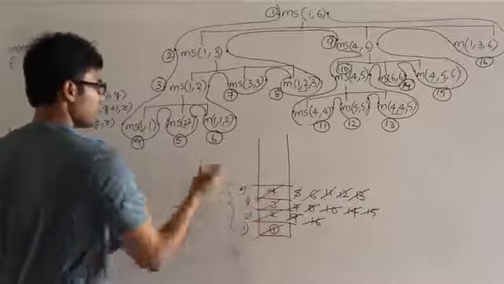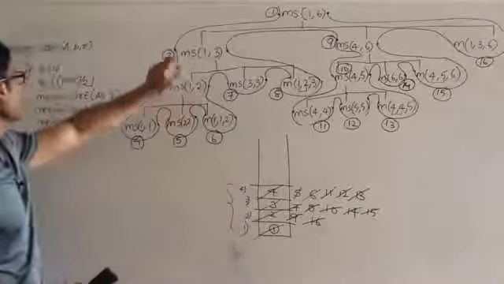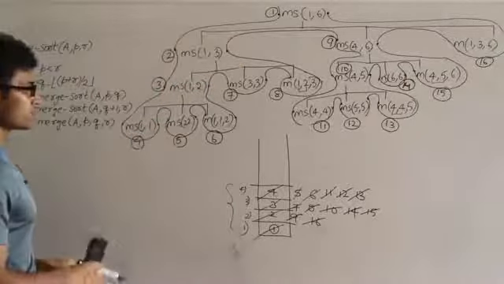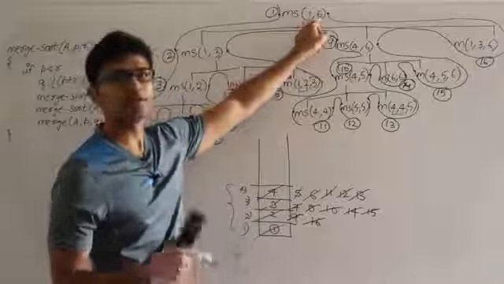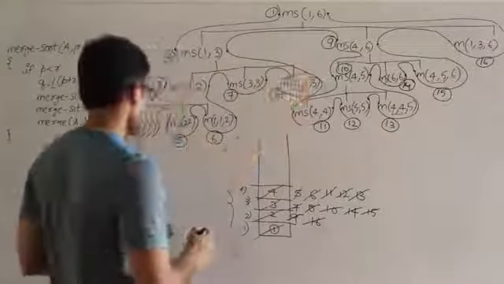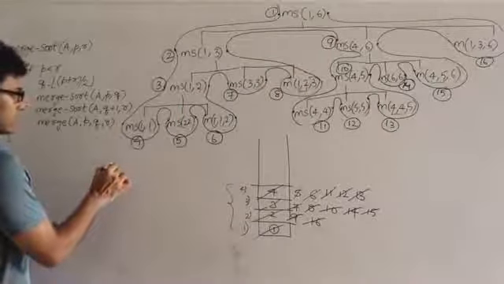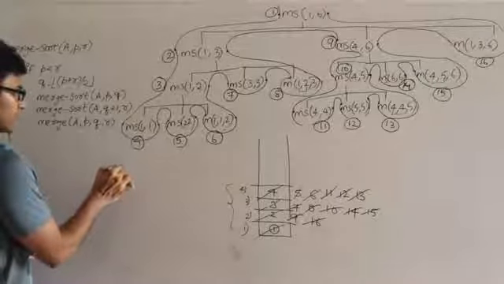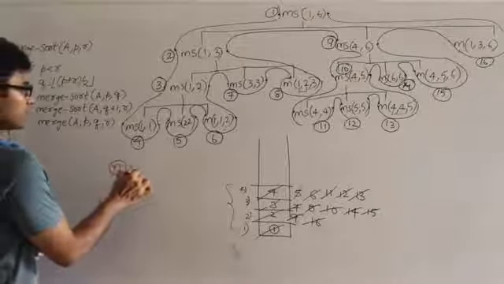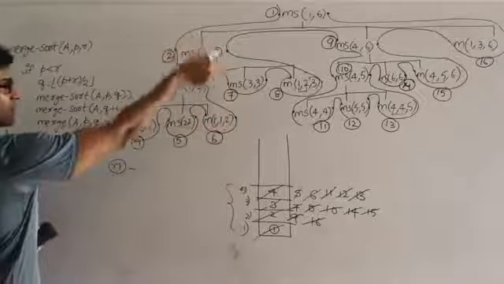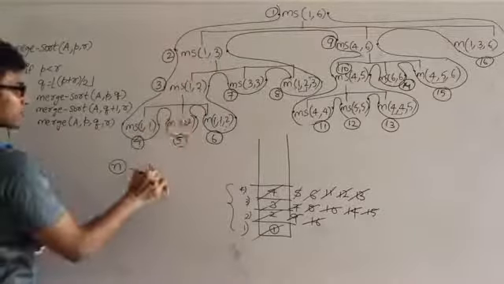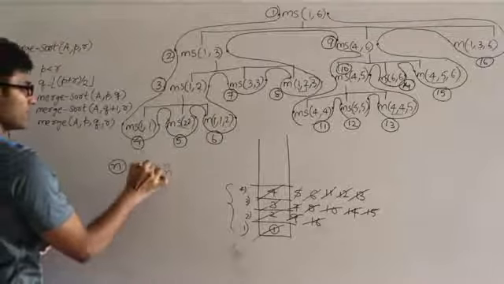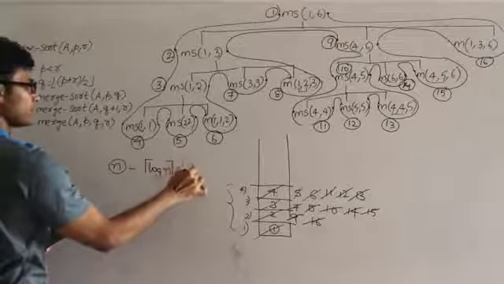But this 4 is not a constant, that depends on the size of n. So if you analyze this for 4, 6, 10, 20, 30 like that, you will find out that as the size of the given array is increasing, and if the size of the given array is n, then the number of levels required in this stack, this recursion tree, is log n plus 1.